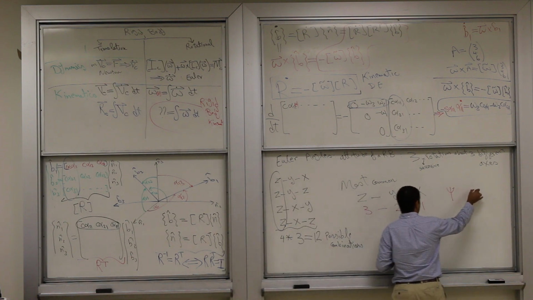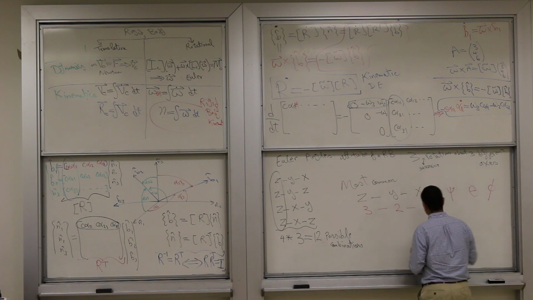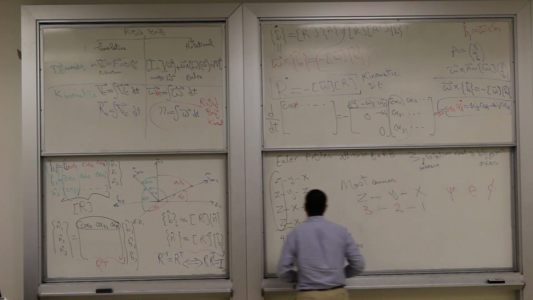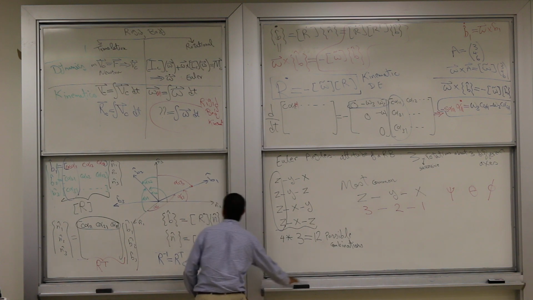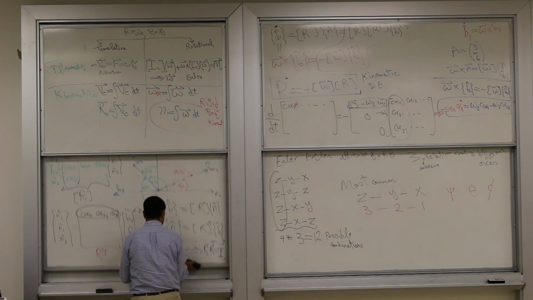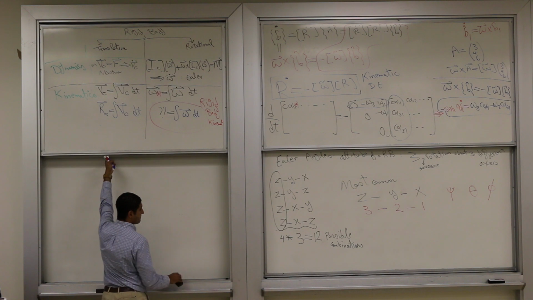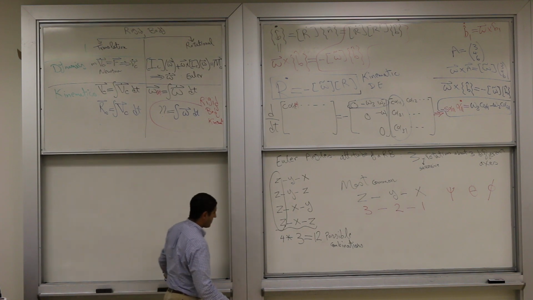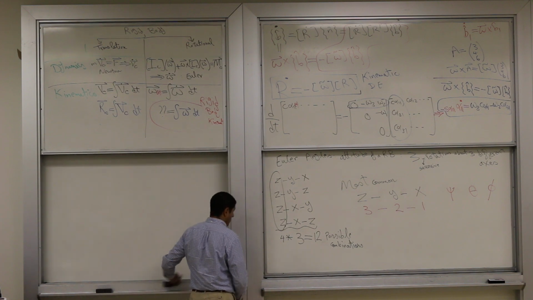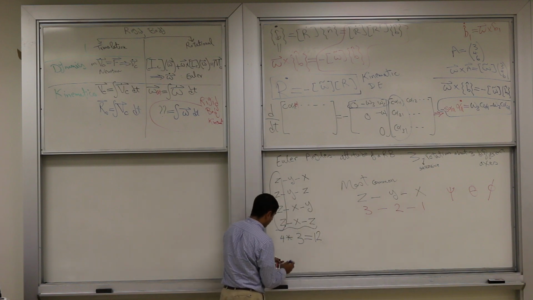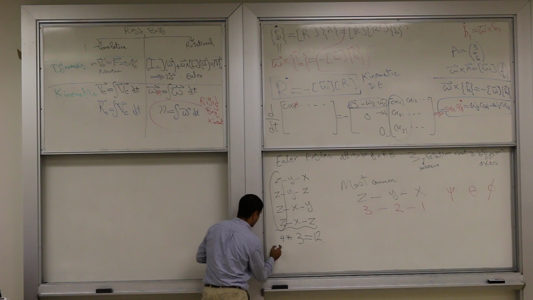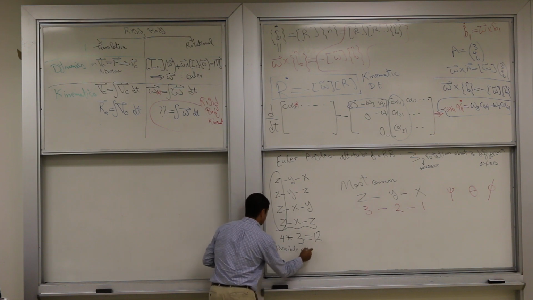The angles are psi, theta, phi. This is 12 possible combinations.